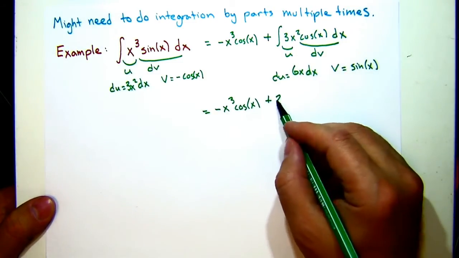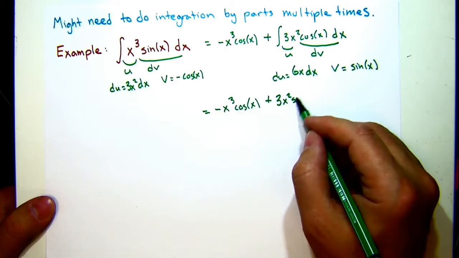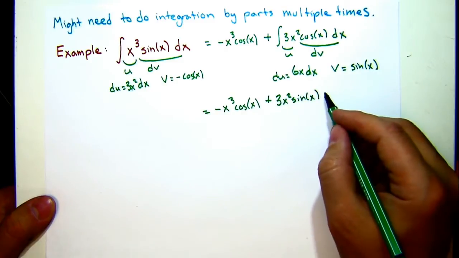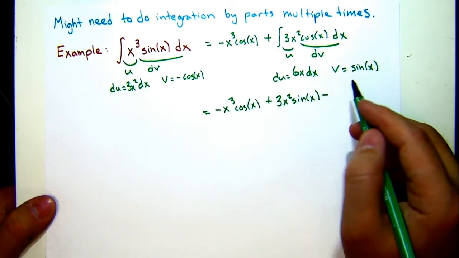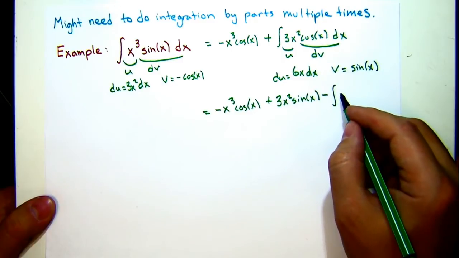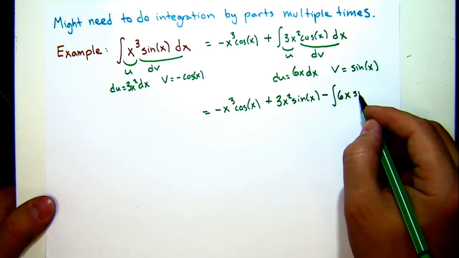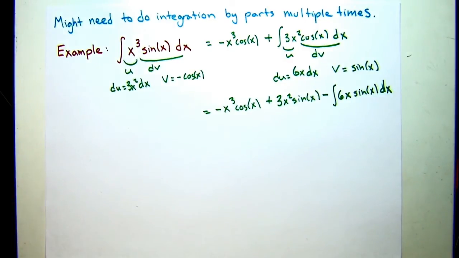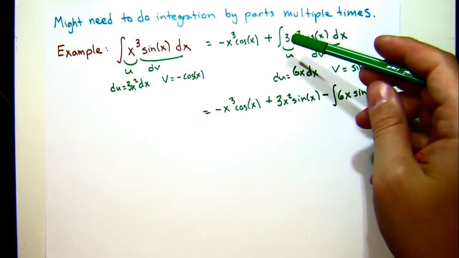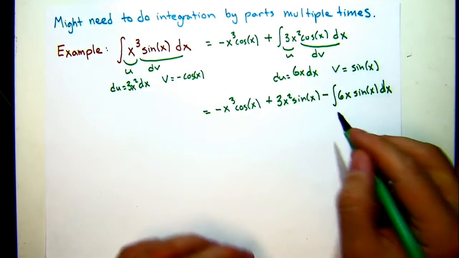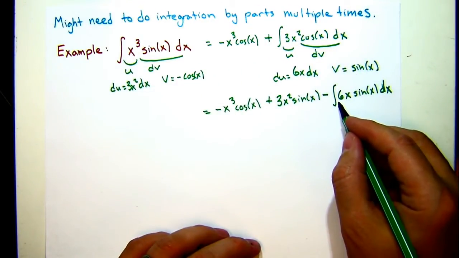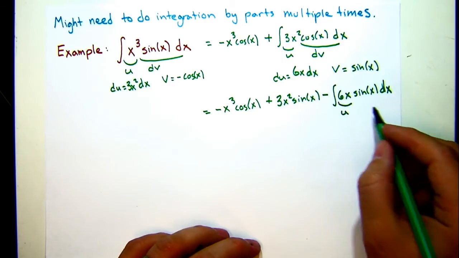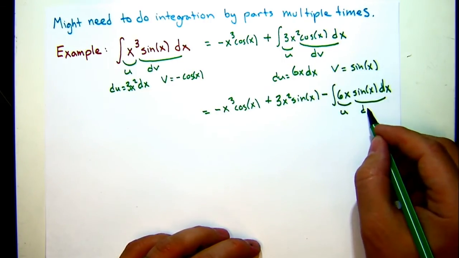It's being added, so that's nice, plus our u v term, 3x squared sine of x, minus v du. So the integral 6x sine of x dx. Okay, we're making progress. We had an x cubed, had an x squared, now we're down to an x. One more time, and that should do it.